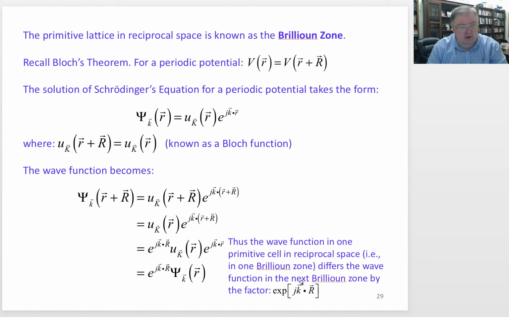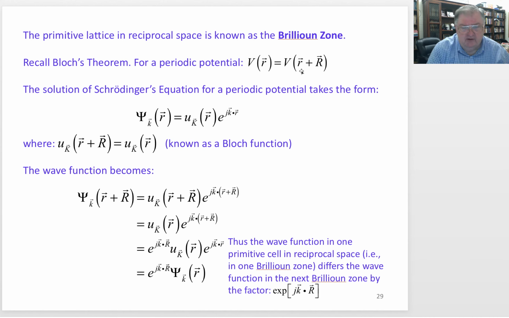Remember again, we're talking about a periodic array of a crystal, a periodic array of points that the wave function exists in. And for Schrodinger's equation, a periodic lattice has a periodic potential. So the potential energy for the crystal, V of R, is a periodic function. That makes sense. If it's a three-dimensional crystal structure that in principle extends to infinity in all three directions, I should see a periodic function for the potential energy.